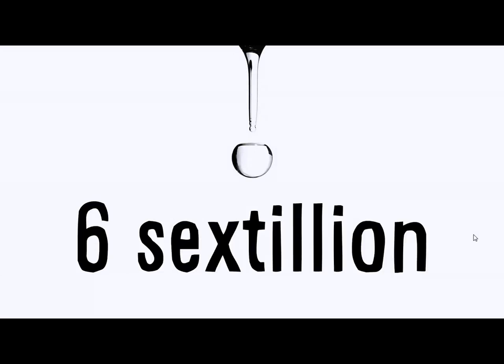But how big is that number? Well, let's put this in perspective. A single drop of water contains 6 sextillion atoms. 6 sextillion is 22 digits long. It's a long number, but the total number of atoms that make up the entire Earth is a number that is about 50 digits long.